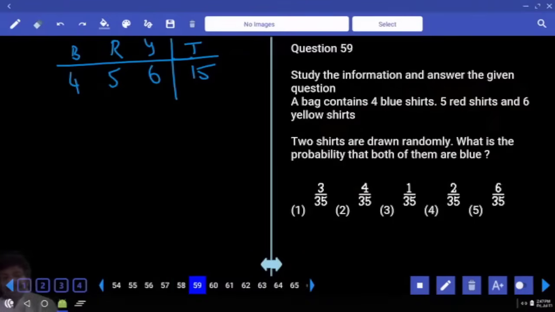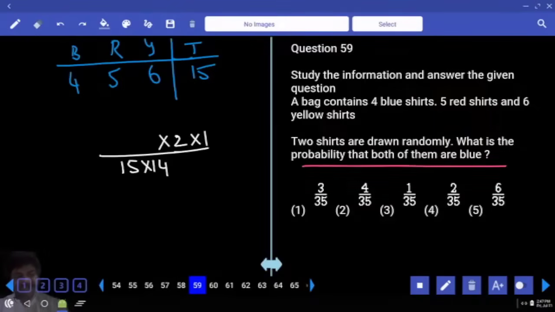2 shirts are drawn randomly. 15C2 is 15 into 14 divided by 2 into 1. What is the probability that both are blue? It is 15C2, total outcomes. Both are blue. How many blue are there? It is 4C2 only.